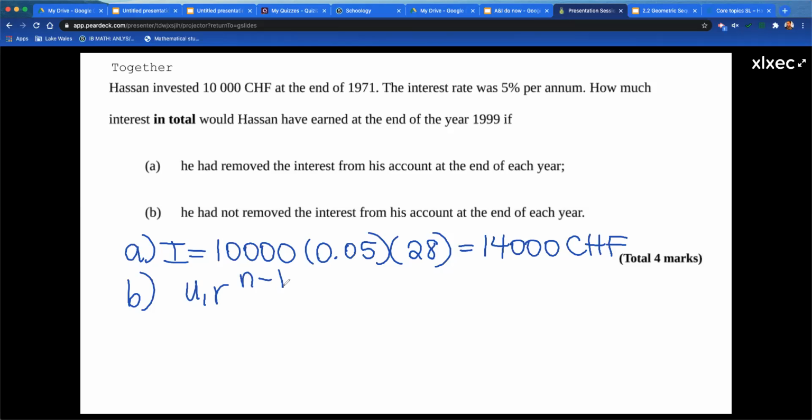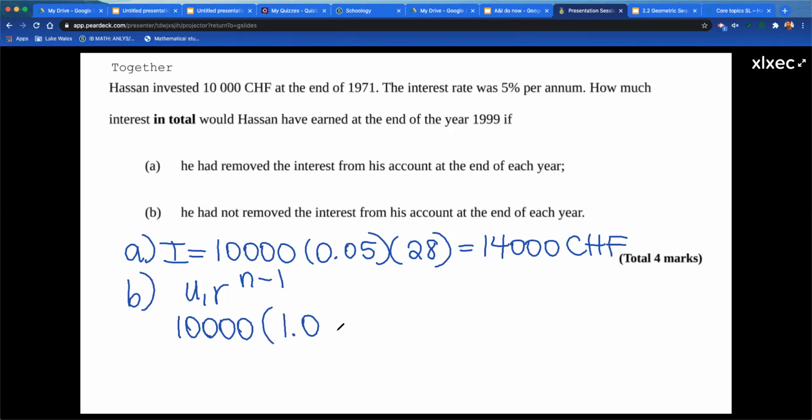A1, or U sub 1, represents the first amount. How much did he put in that first year? 10,000. What's the R? 1.05. Yes, it is 1.05.